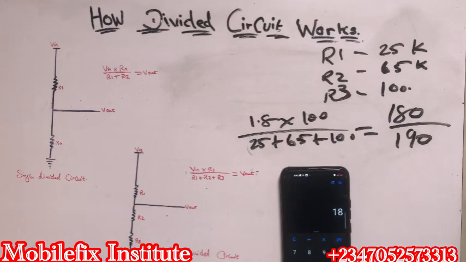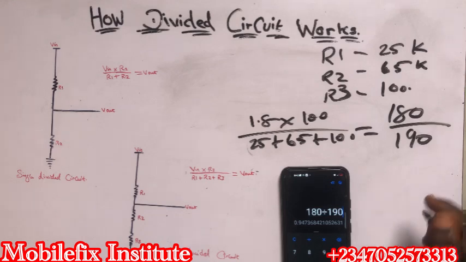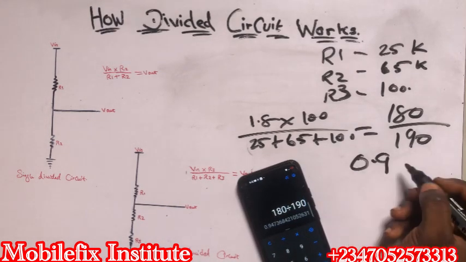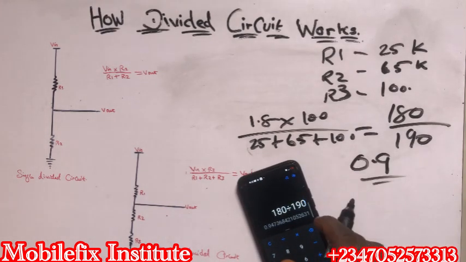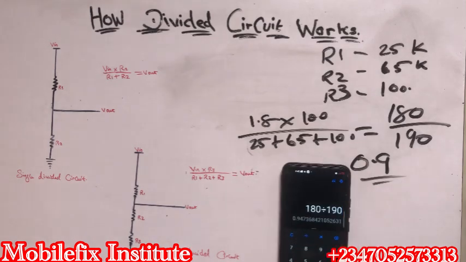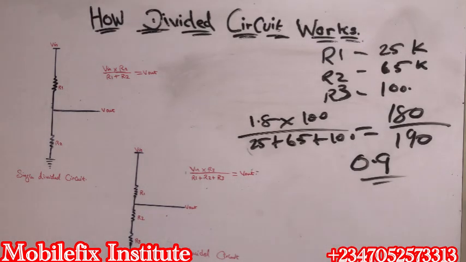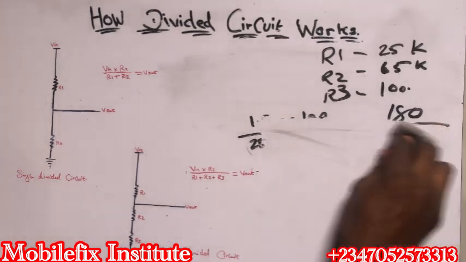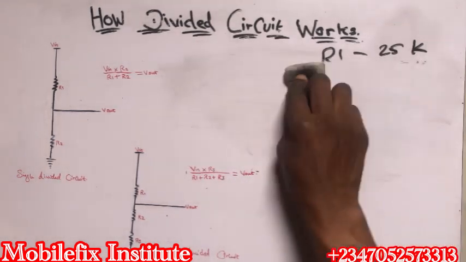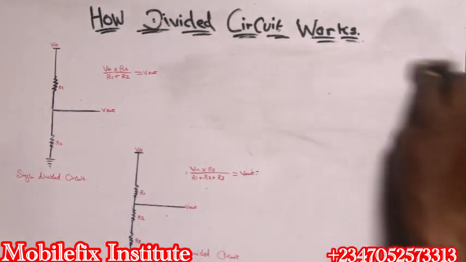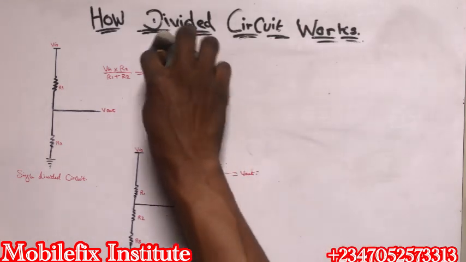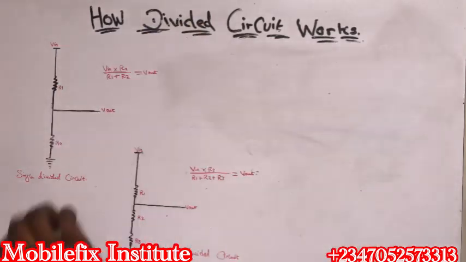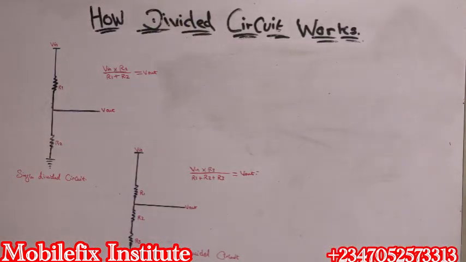The output voltage, 180 divided by 190, gives us 0.9 volts. Okay, so this is the second example that we are using to calculate this double divider circuit. It gives us 0.9 volts. So I hope this lesson is well understood. Okay, so that is how a divider circuit works.